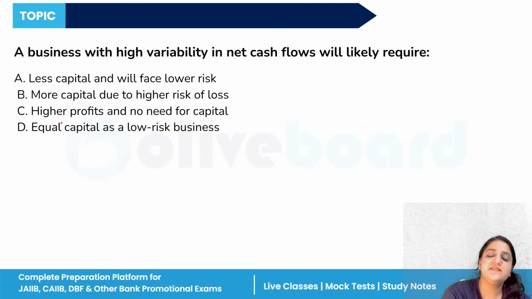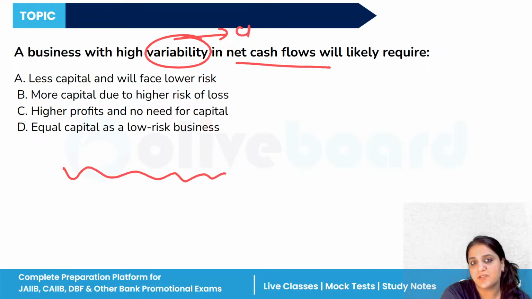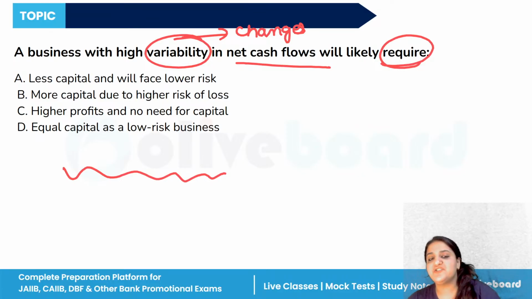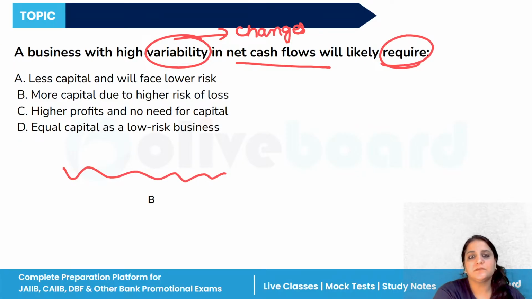Next, if there is a business which has high variability in the net cash flows, high variability means a lot of changes, what will that require? I think when the business has high variability, right?